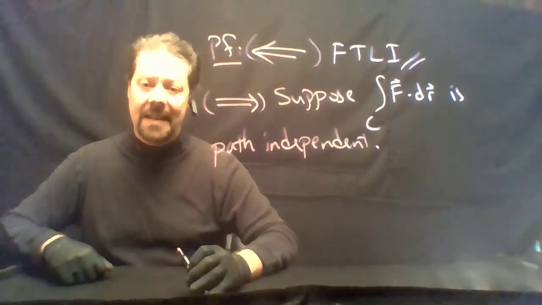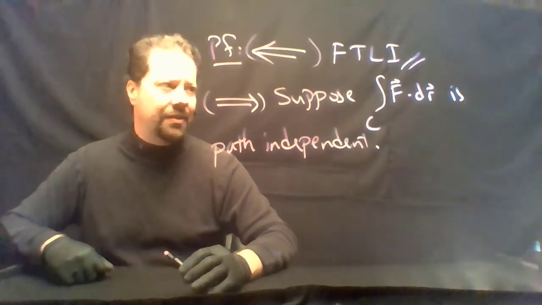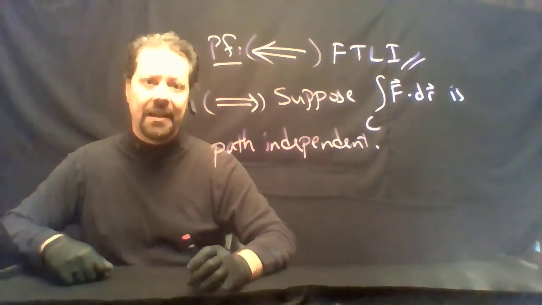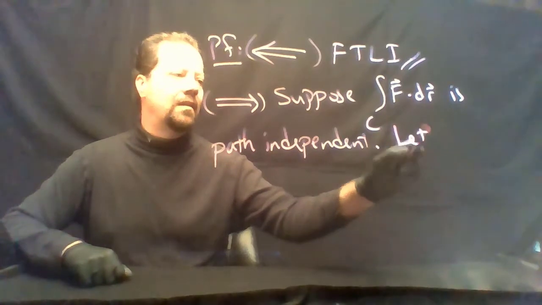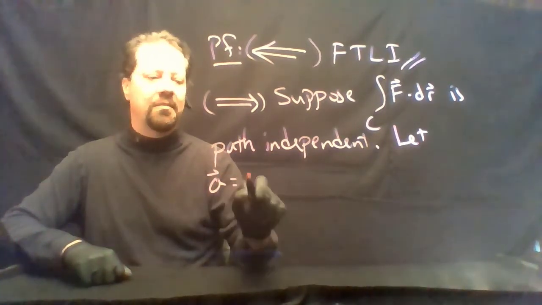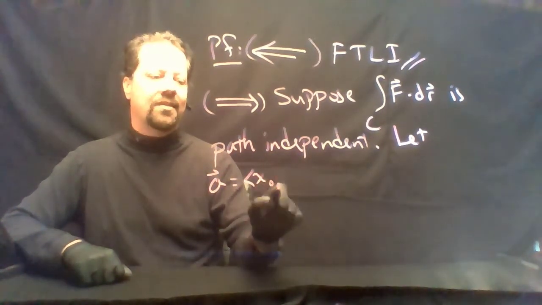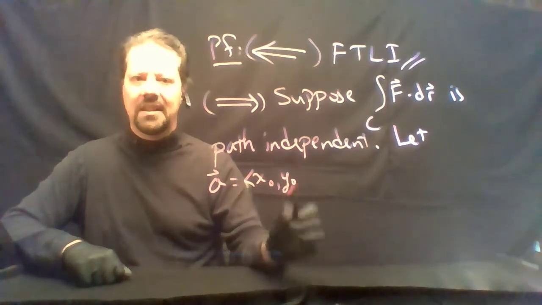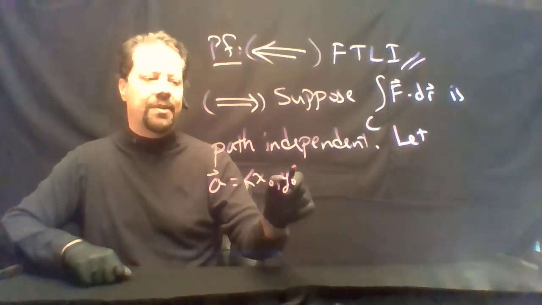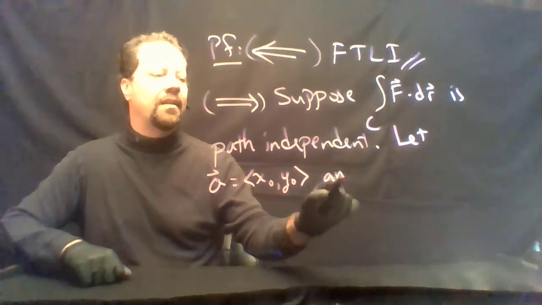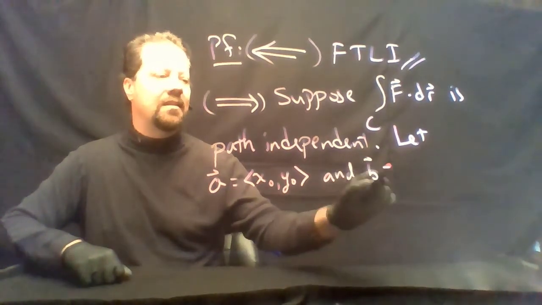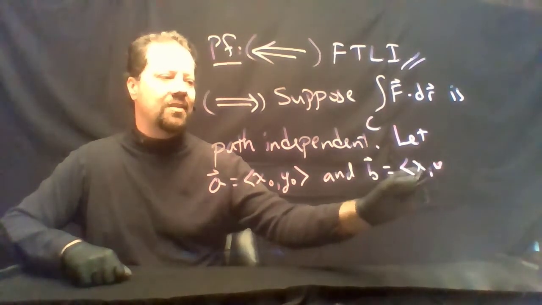Then we have to establish the existence of a potential function making F a gradient field. Let A be the point x naught, y naught. Let's do this in the plane. We can do this in arbitrary dimensions. And B be the point x, y.